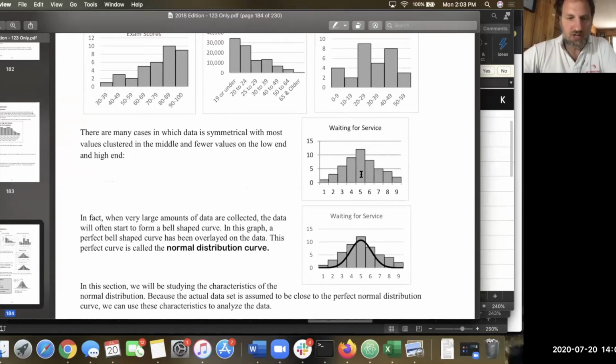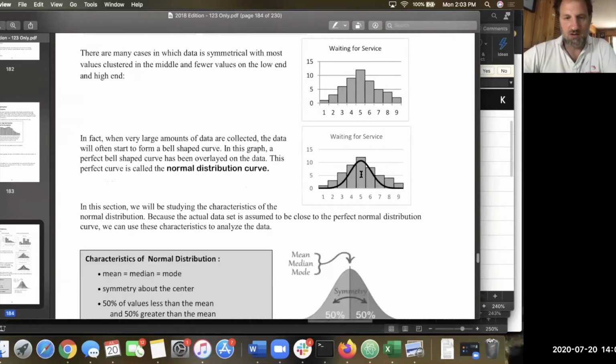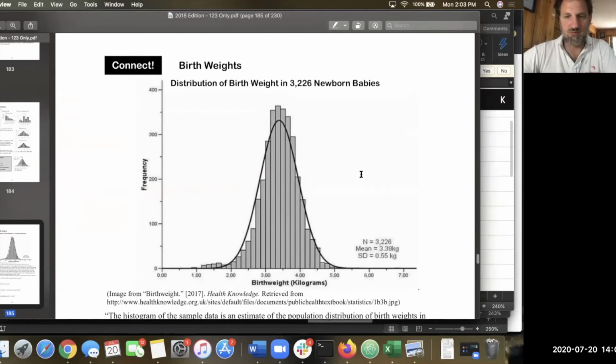So the authors went out and got some data to make a real histogram for you. They don't share this data with you, but they tell you where it came from, healthknowledge.org.uk. This is a histogram because it's a bar chart, but the bars are touching.